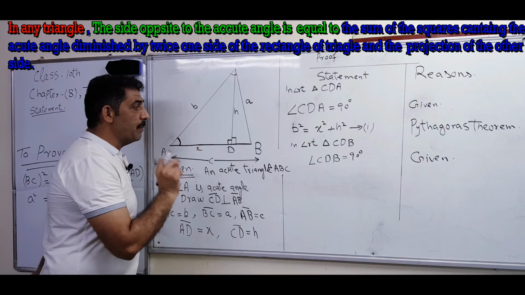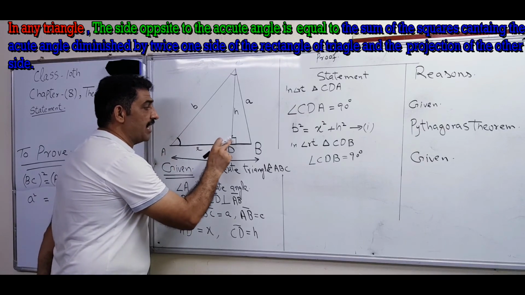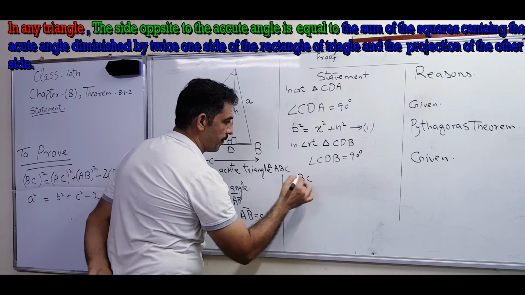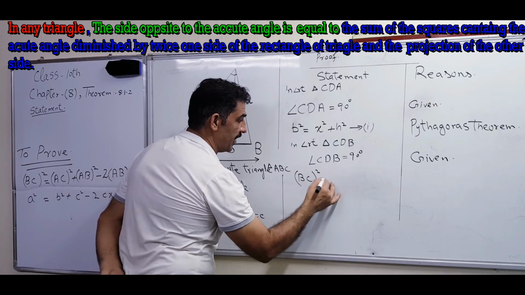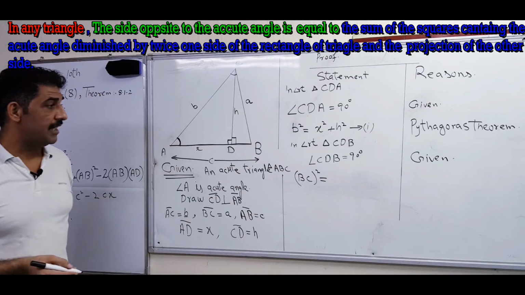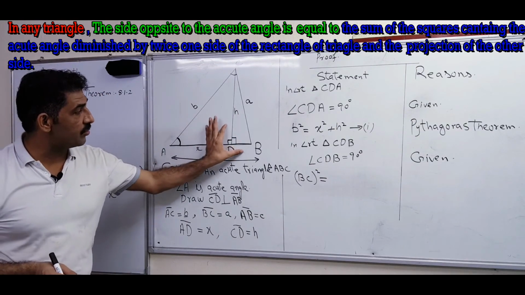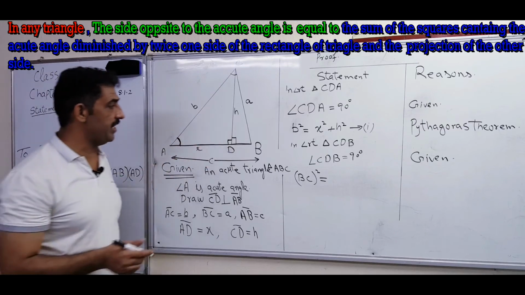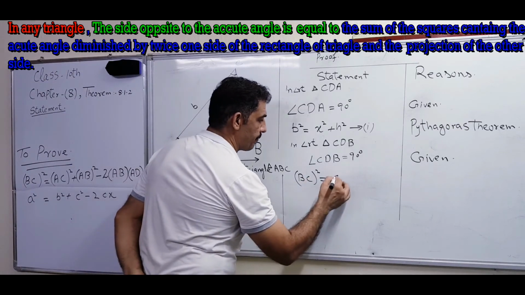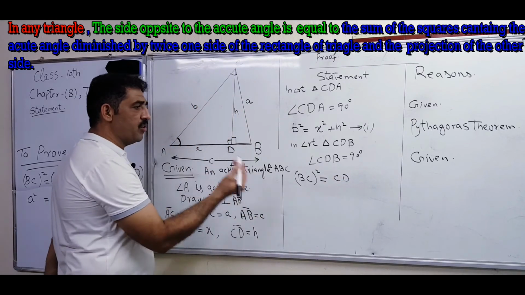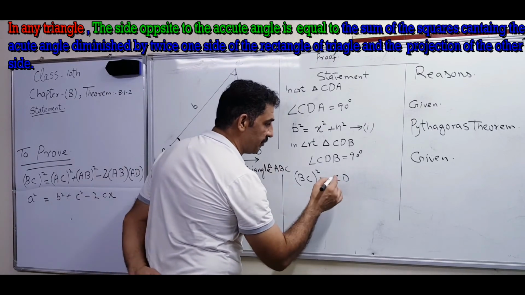According to big letters, opposite to the right angle is BC. Then I will tell you why I am taking the big letters. BC square is equal to the other two sides square, that is CD and BD. If you want to write CD first or BD first, both are correct.